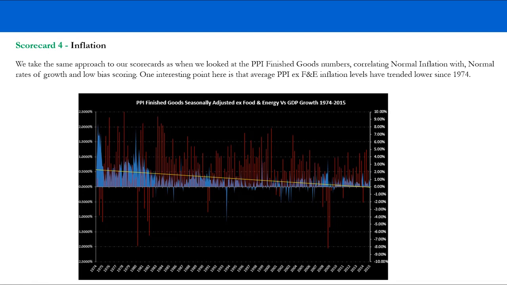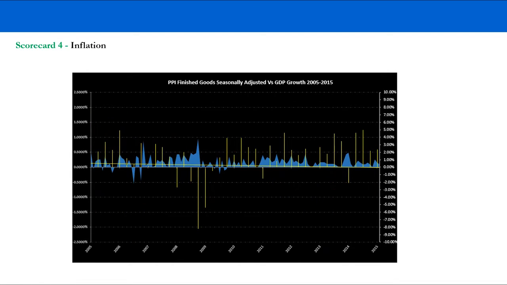And when we look at this pictorially and zoom in to recent times, we can get a further understanding when we zoom in on how monthly percentage changes in PPI are associated with certain levels of GDP. So if you look across the spectrum here, you can see most positive numbers are going between 0 and 3%, 2%, and most inflation numbers are coming in at between 0.25% and 0.5%.